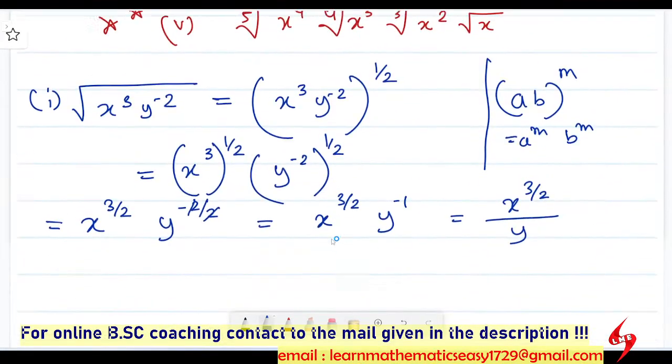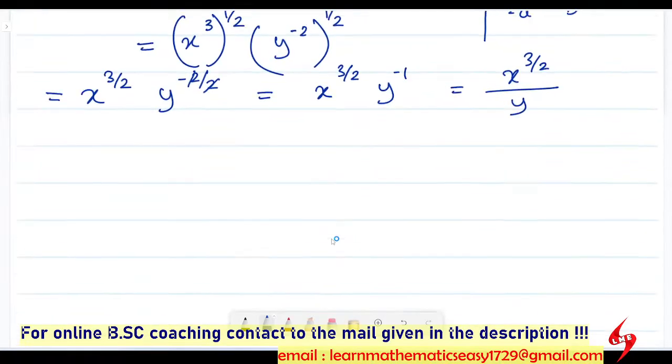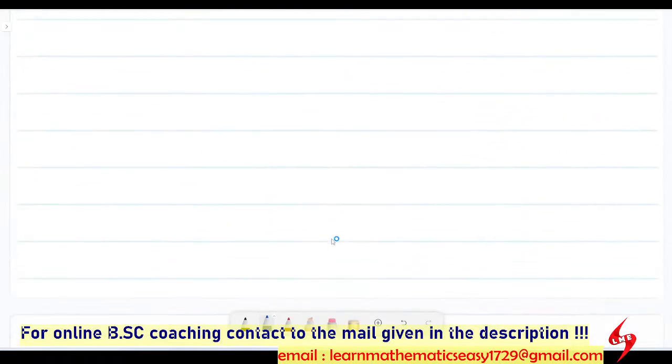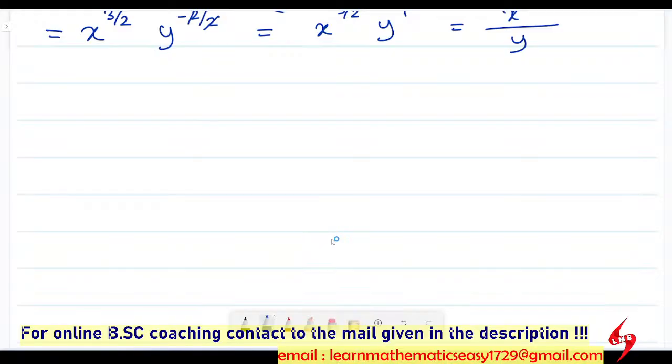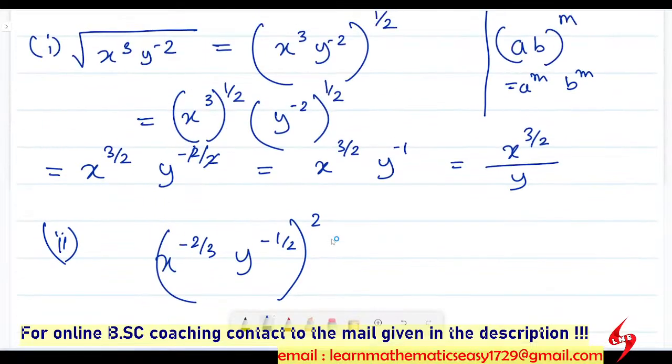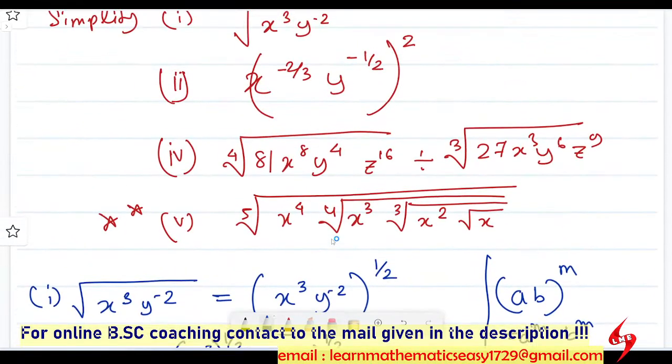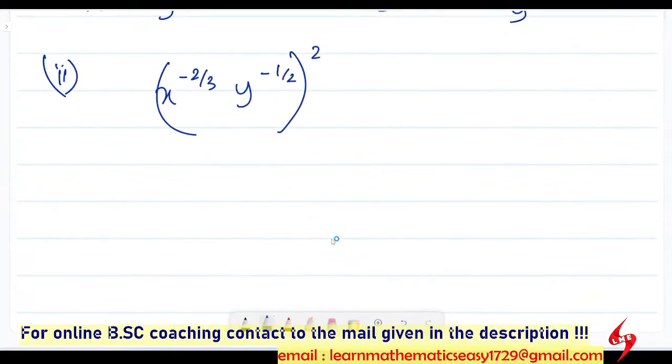Next question. x to the power minus 2 by 3, y to the power minus half, squared. We all know the distribution of the power, because here is the multiplication. So that's why the power will be distributed.